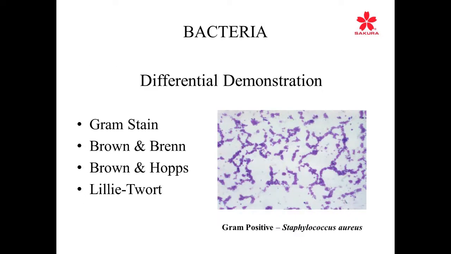Speaking first about the differential methods of staining, there are four different staining methods that are the most common ones in histology: the Gram method, the Brown and Brenn, the Brown and Hopps, and the Lillie-Twort. All four of these follow one basic mechanism of staining, which we're going to discuss a few slides from now. Here on the right, you see an example of gram-positive staining.